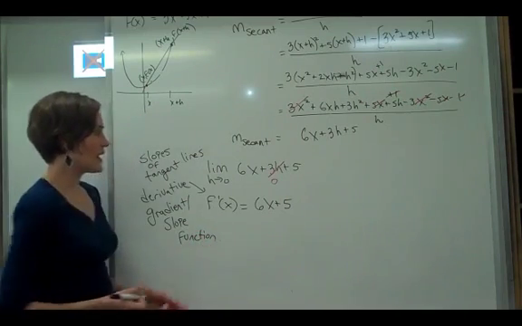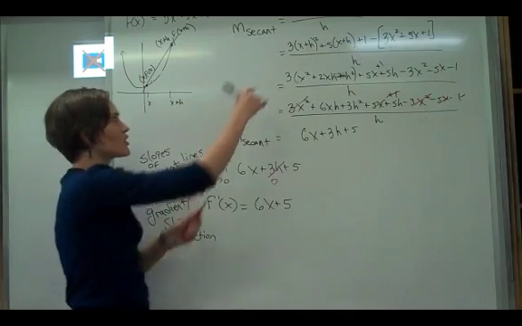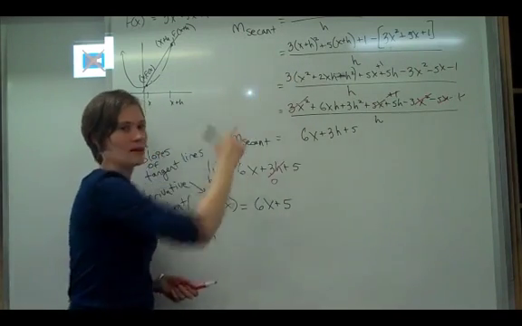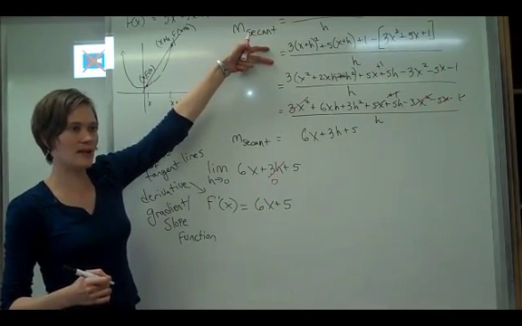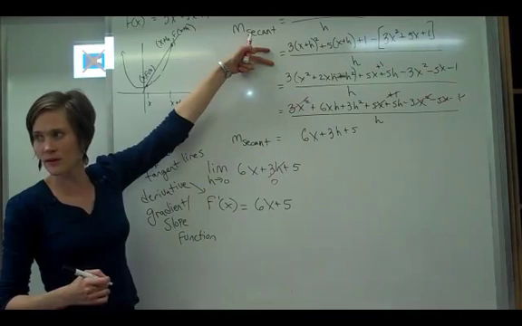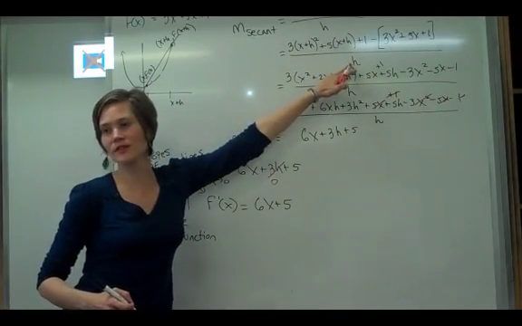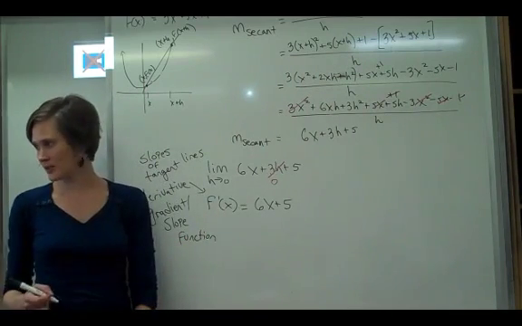And notice, if I had put that limit here, could I have evaluated it at this stage? Why not? If I said the limit as h goes to 0, could I just plug in 0? Because it's over 0. So I have to simplify it first, and then once I get an h out of the denominator, then I can evaluate the expression.